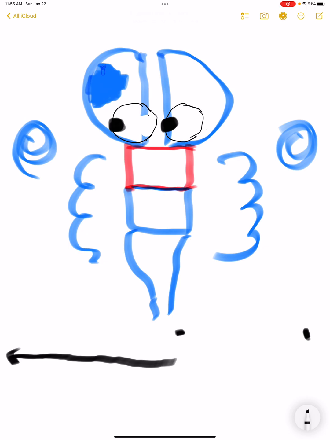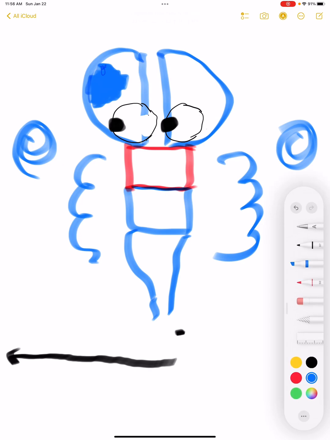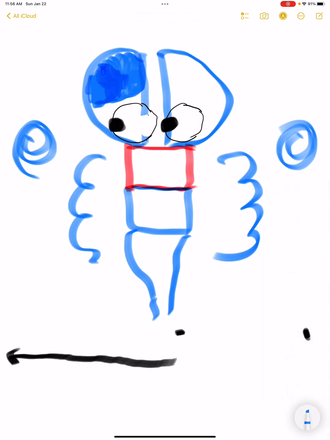So what you're seeing here is that two opposite directions, because they're different eye movements, actually activate the same side of the brain, which is pretty cool, right? So that's neat.